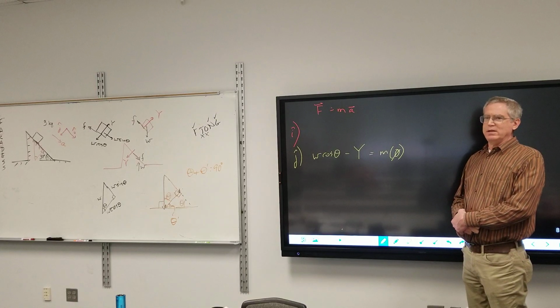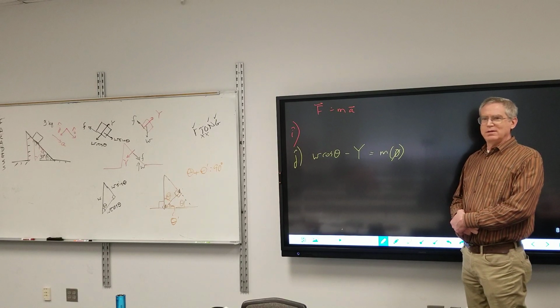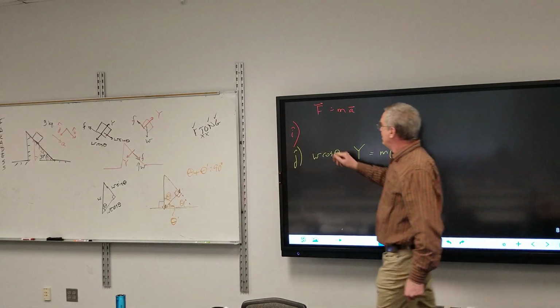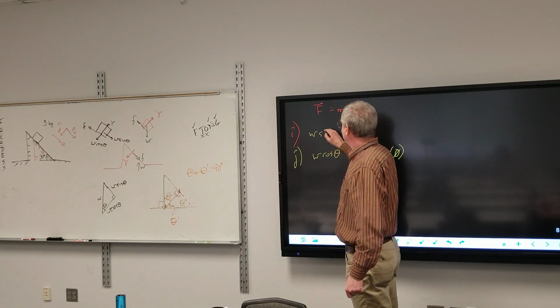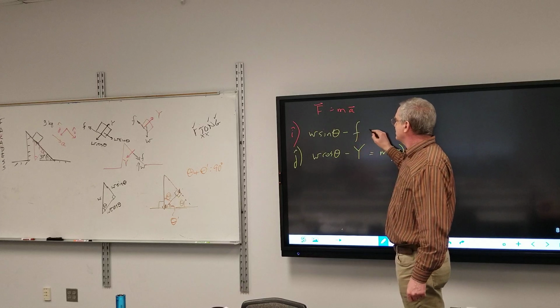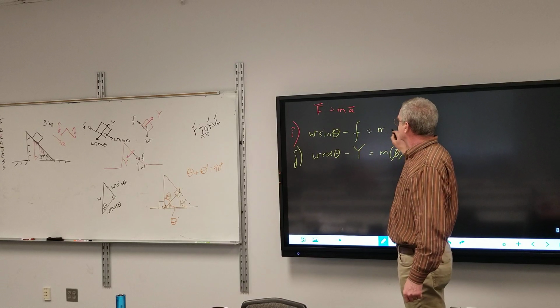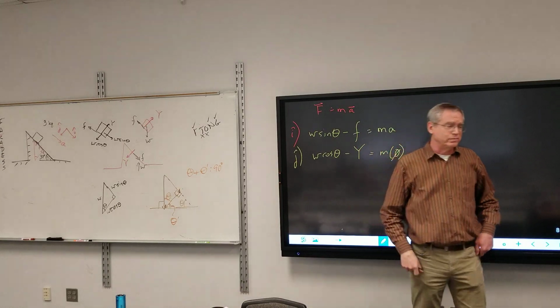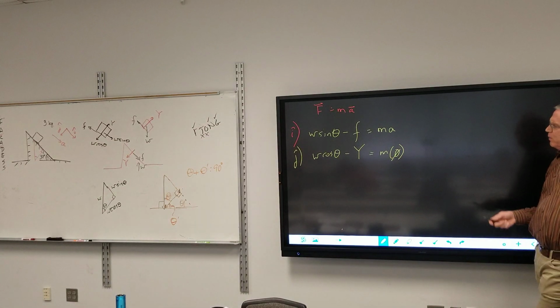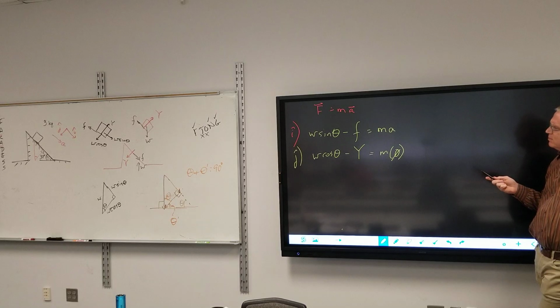Weight times sine theta minus friction equals mass times acceleration. Done. Two equations. We know mass, and we know theta. Those are the two that we know.